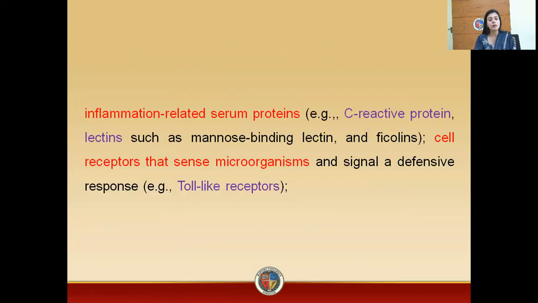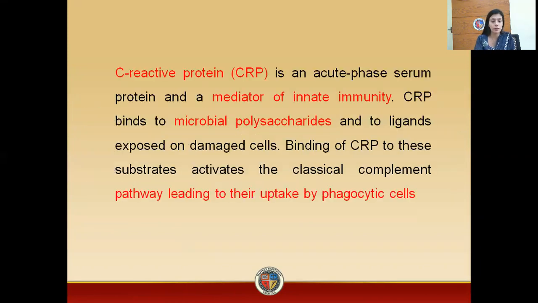So you have inflammation-related serum proteins, you have C-reactive protein that can protect you, you have lectins, you have cell receptors that can sense the organism and produce an action against it. For example, in your body, you have the toll-like receptors which will sense the microorganisms.